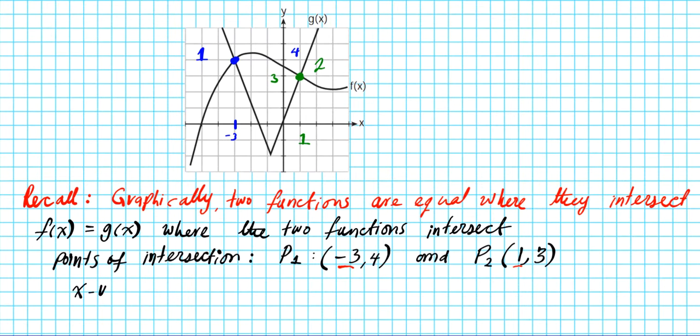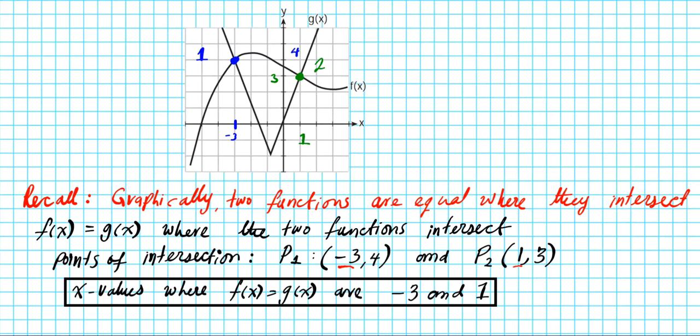So x values where f of x is equal to g of x are negative 3 and positive 1. Alrighty, so that is our final answer for problem number 30.